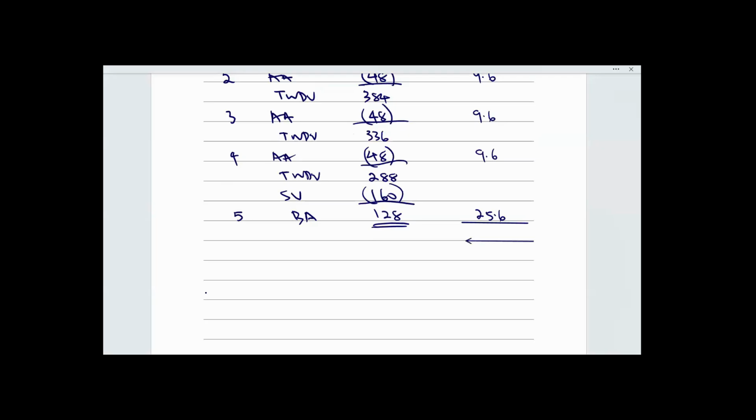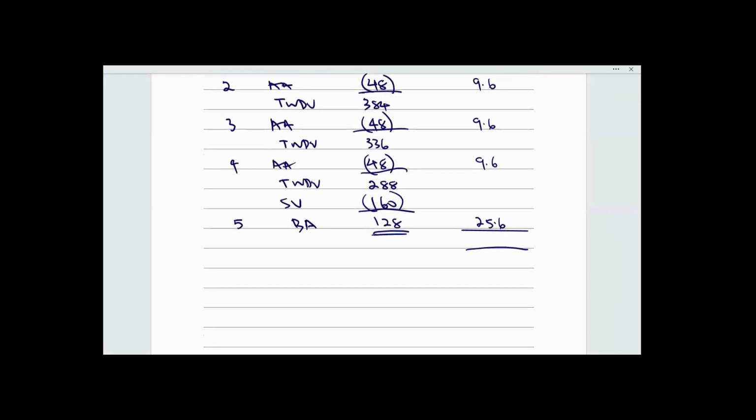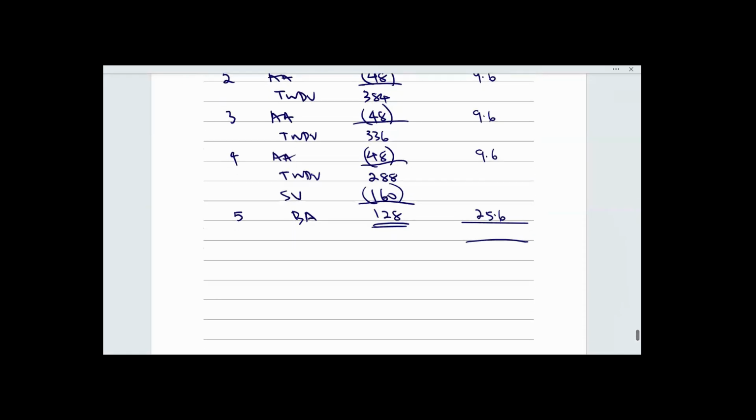If I like, I can add up everything to confirm that I have not claimed beyond the capital allowance I'm supposed to claim. So 9.6 times 4, plus 25.6.